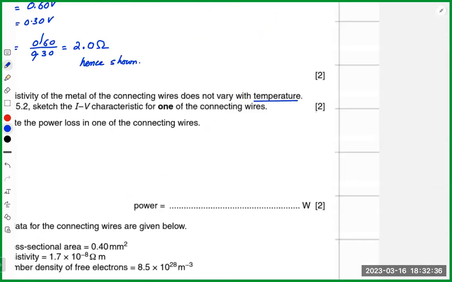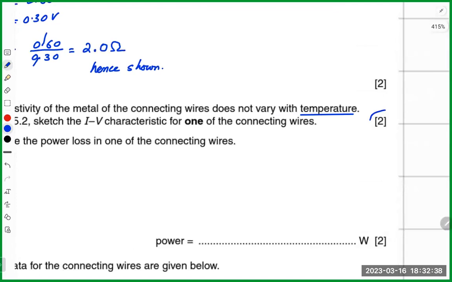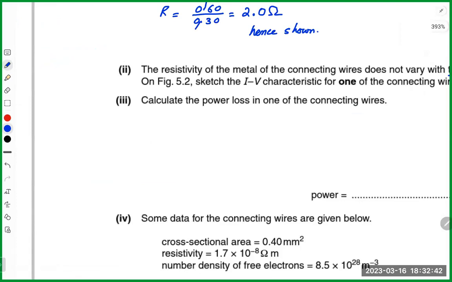So, 2 marks just to draw that, easy. Calculate the power loss in one of the connecting wires. Power equals voltage into current. So 0.60 multiplied by 0.30 should be 0.18 watt.